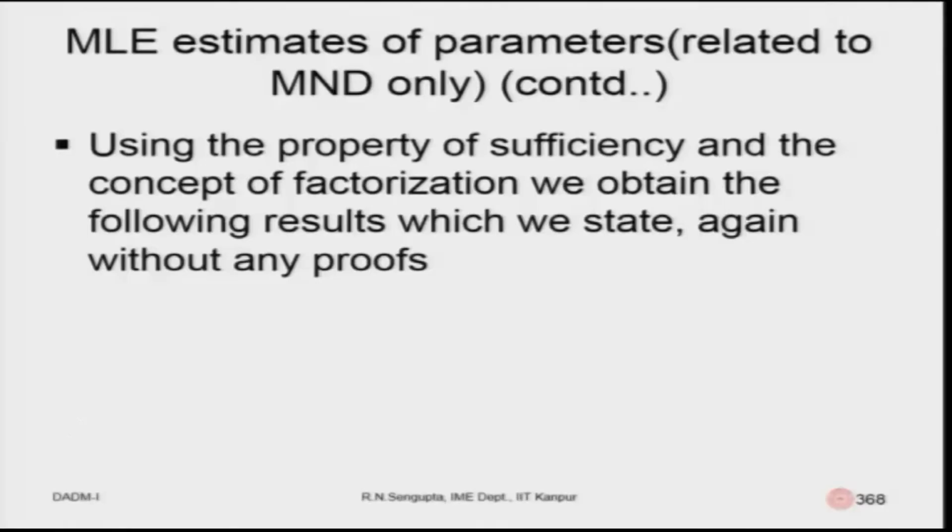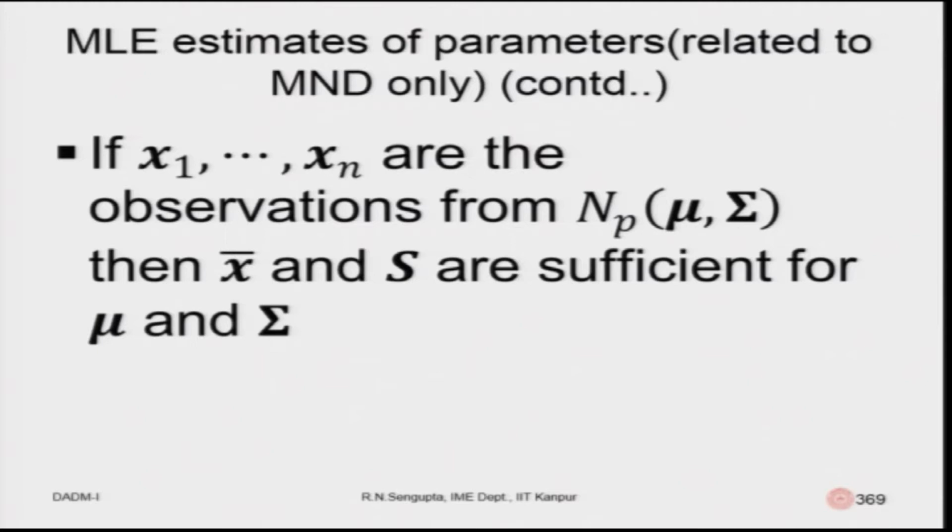So, using the property of sufficiency and the concept of factorization, we obtain the following results, which we state again without proof, and what I said as a general statement would be true for the univariate case and the multivariate case. So, if x1 to xn, all of them are vectors of size n cross 1.